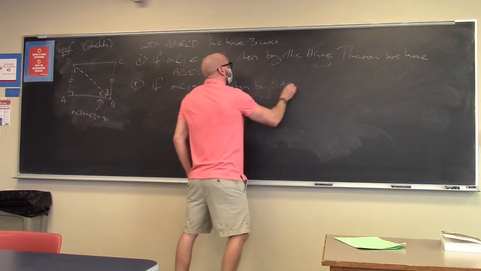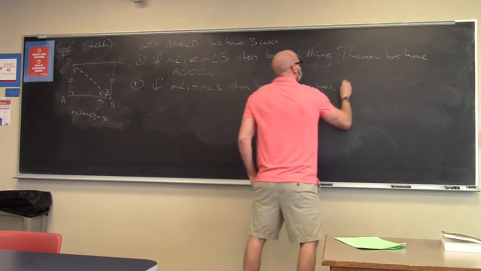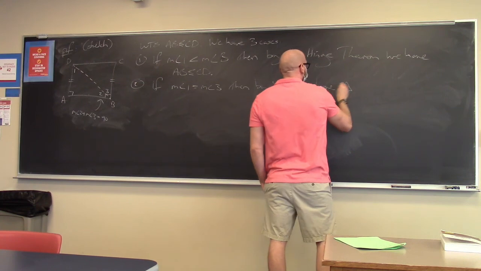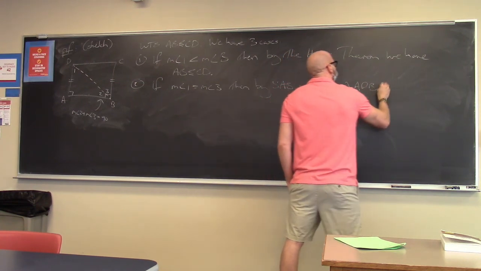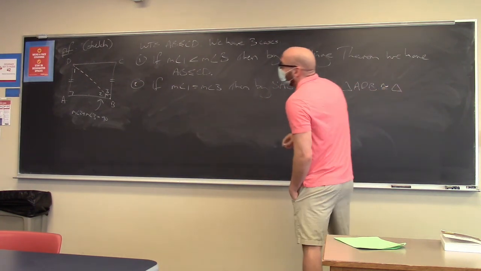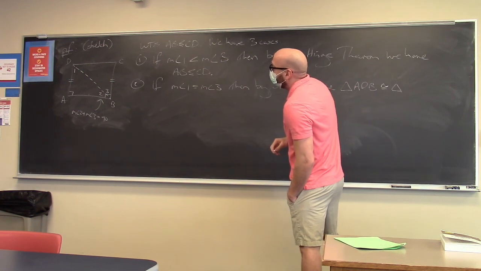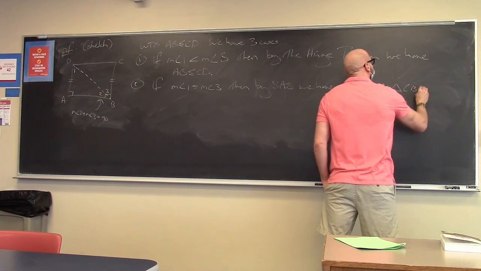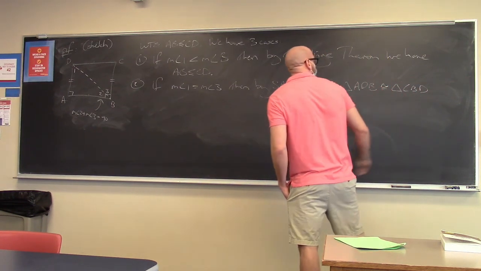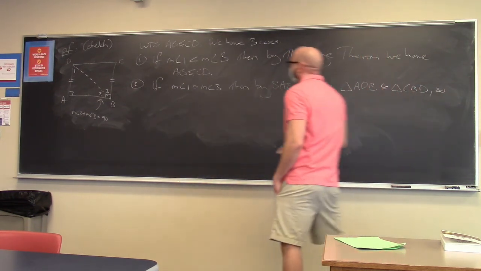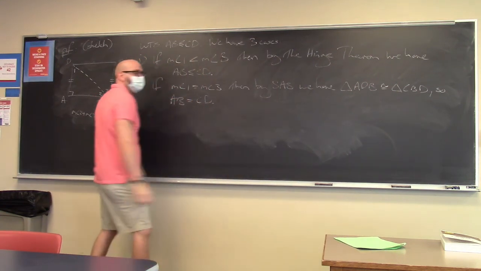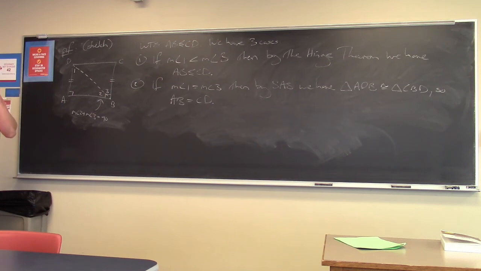And by SAS, we have triangle ADB is congruent to triangle CBD. So once again, we have the result. AB is equal to CD, which is allowable, right? We just have to prove it's less than or equal to CD.